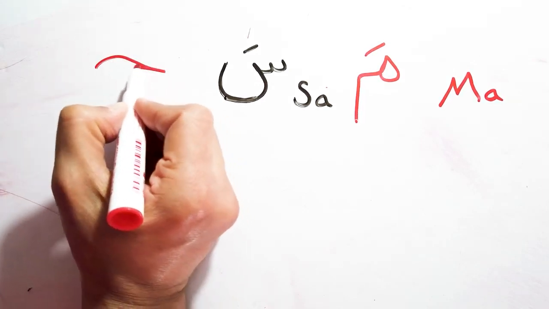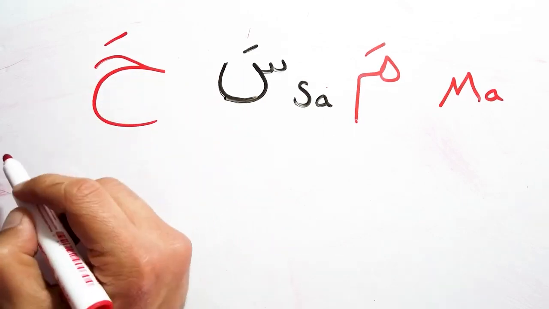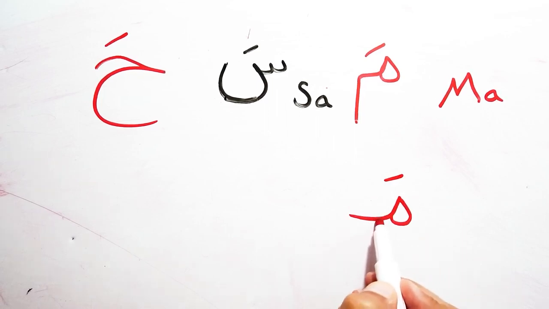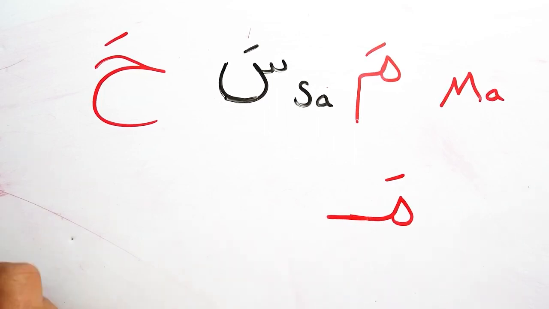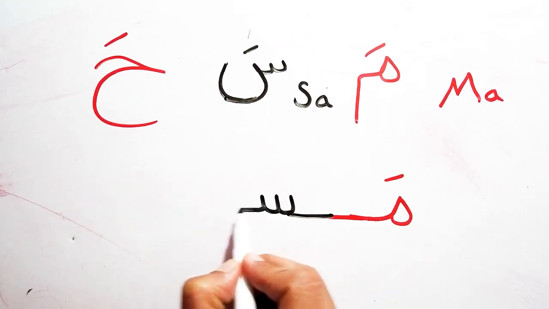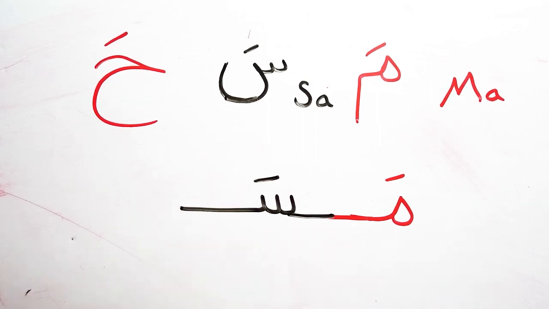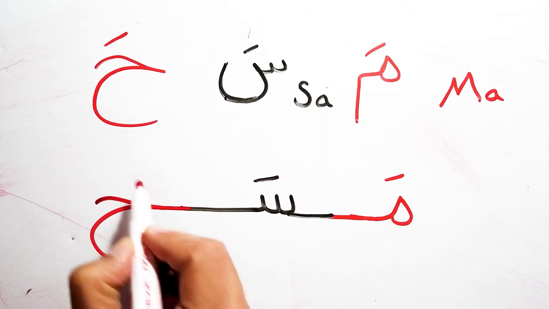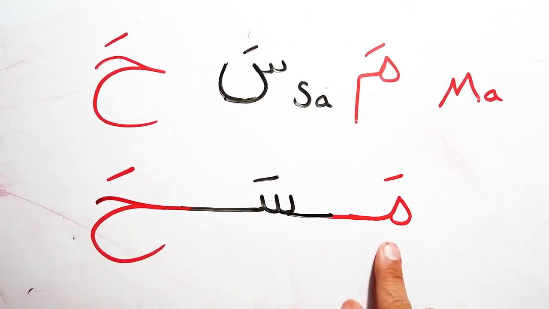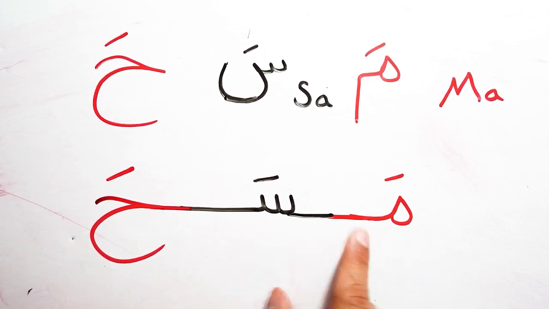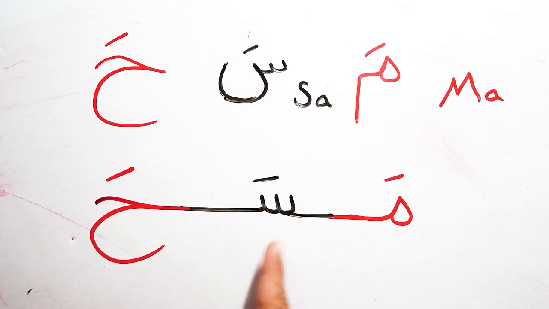We don't have this sound in English. Ha. Let's connect them. Me in the beginning of the word. Me. It's like this. Se in the middle of the word. It is like this. Mese, mese. And finally we have ha in the end of the word. Let's read together. Me, mese, mesaha, mesaha, mesaha.